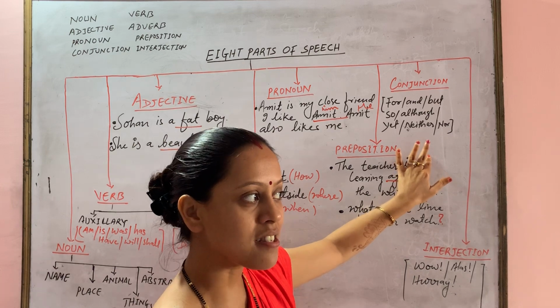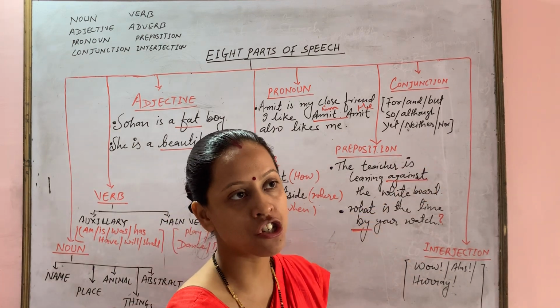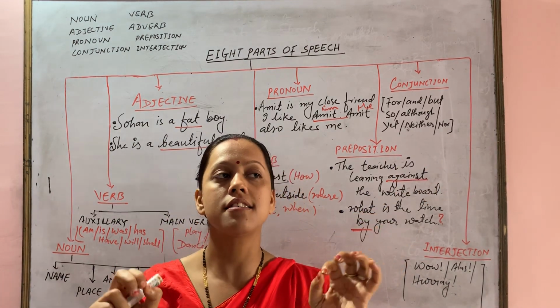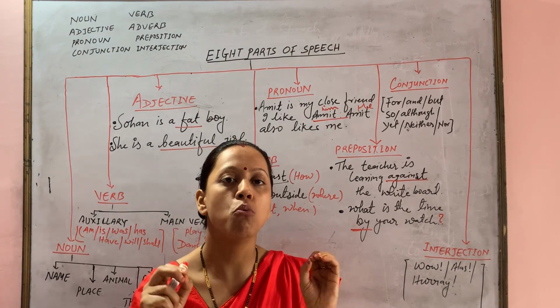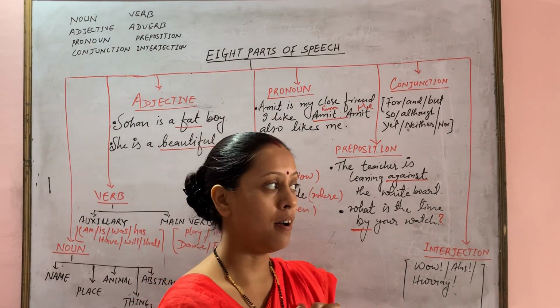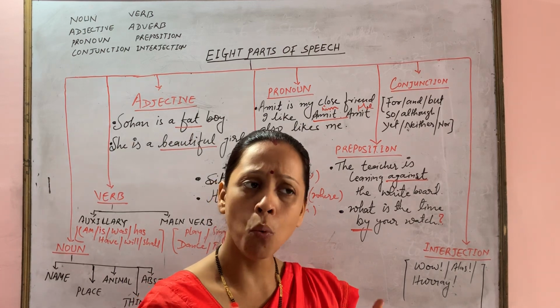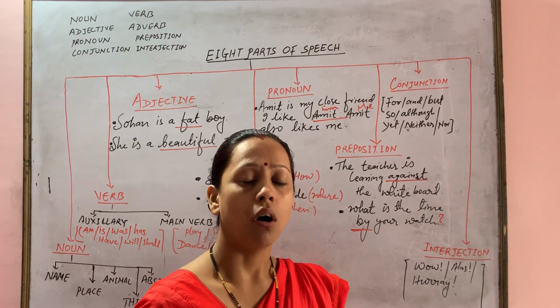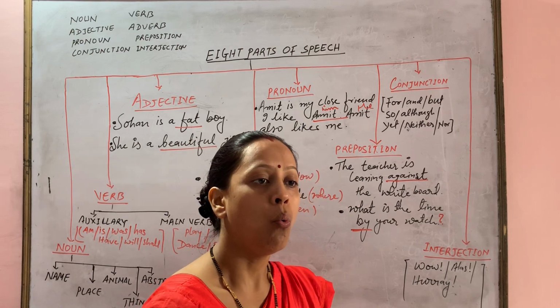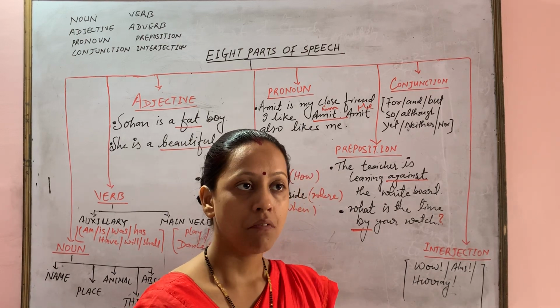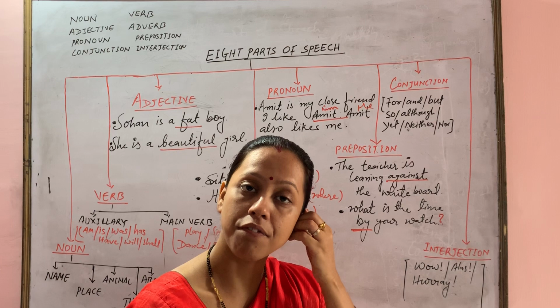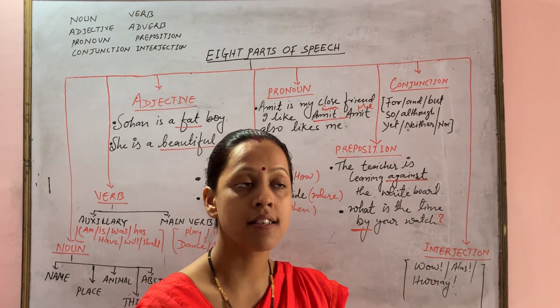Conjunction is the 7th part of speech, and this is also one of the most important parts of speech, frequently used while communicating and also while writing. We need to express ourselves. We need to join two sentences.